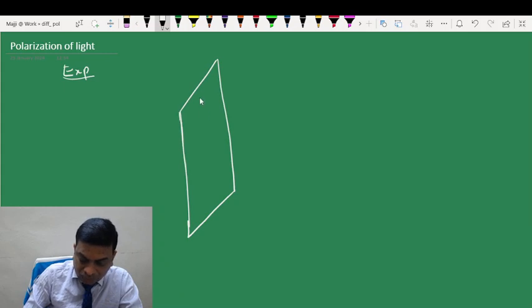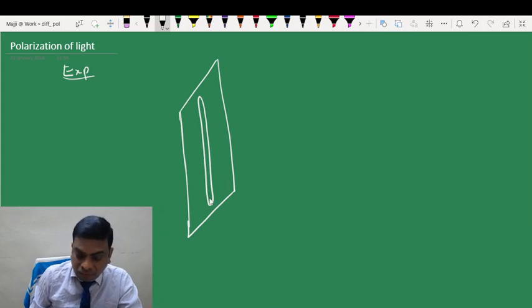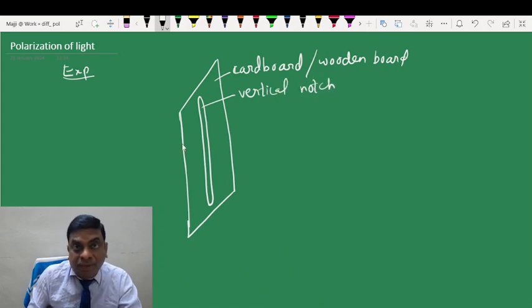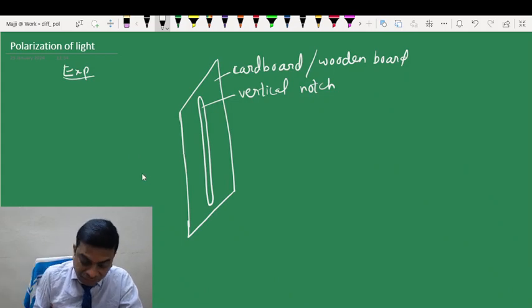One slot like this, later I'll tell you what to do. So this, let us say, a cardboard or a wooden board, anything is okay. Okay, and this is a vertical notch. Okay, a gap, a slit-like structure.